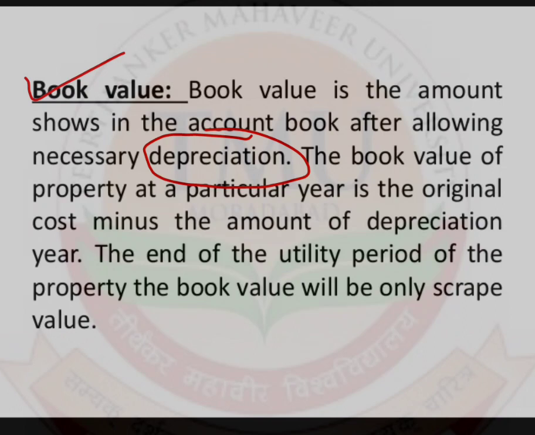The book value of property at a particular year is the original cost minus the amount of depreciation. At the end of the utility period of the property, the book value will be only the scrap value, because at the end of the utility period, you will get only the scrap value.